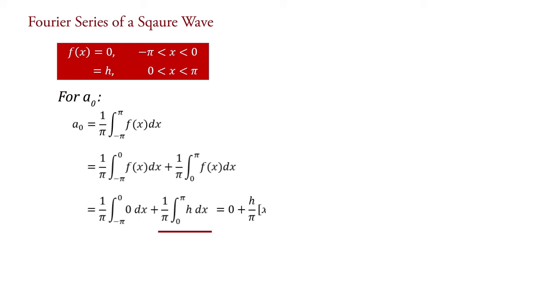Therefore, a0 equal to h upon pi into integration of dx, that is x, and limit 0 to pi. By putting the value of limit, we get a0 equal to h upon pi into bracket pi minus 0. This pi and this pi are cancelled out. Therefore, a0 equal to h. Say equation 5.